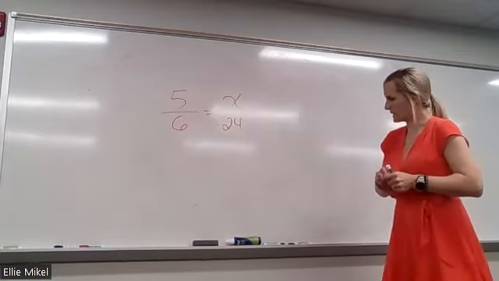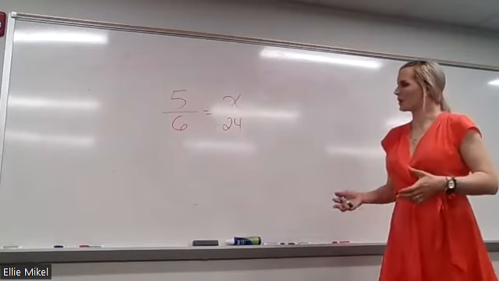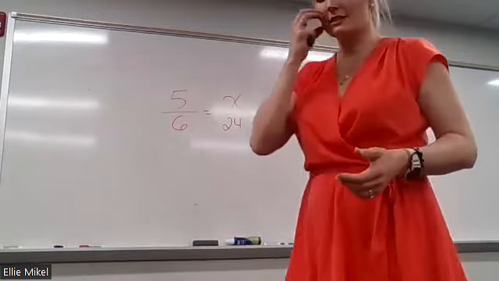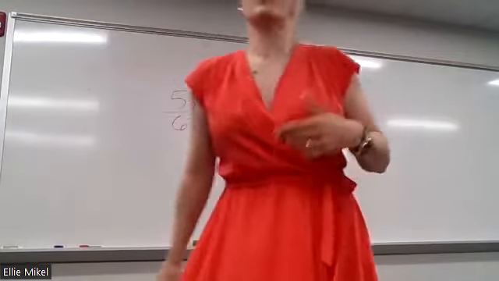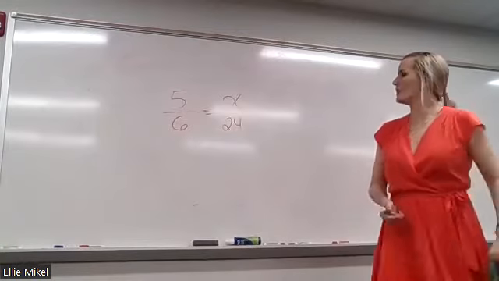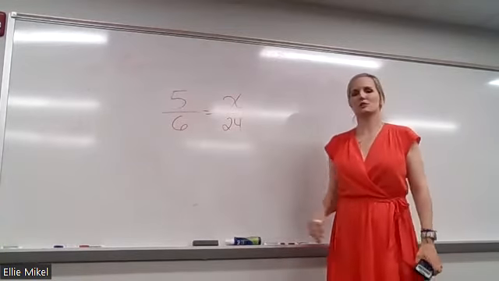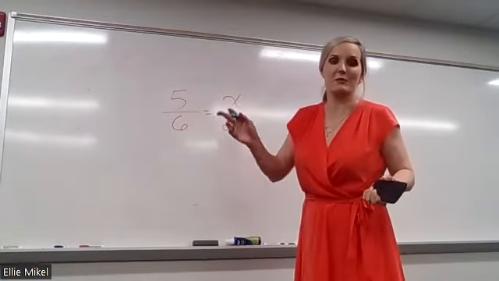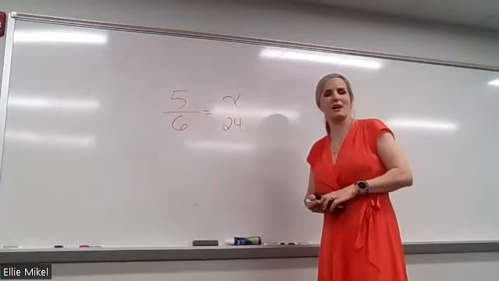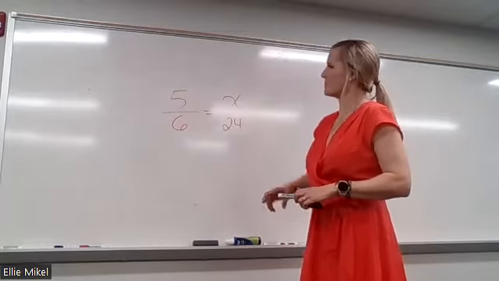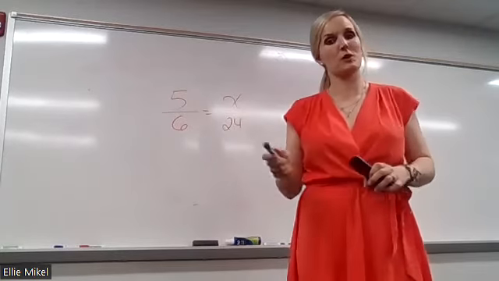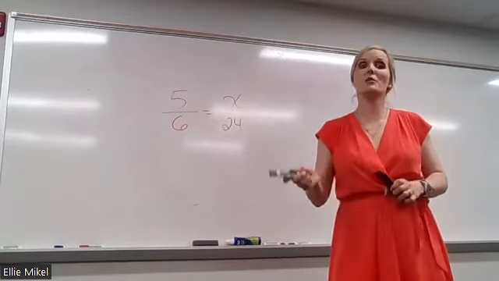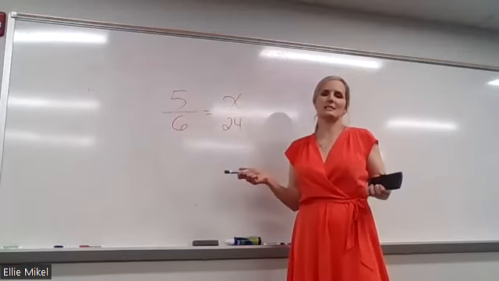And I'll show you this one, because what happens here, you may be able to look at this and say, well, I know fractions. I know that 6 to 24, if I'm thinking of equivalent fractions, right? I know that in order to get from 6 to 24, I multiply by 4, right? If I do the same thing to the top, I'm going to get 20, because 5 times 4 is 20. You'd be correct.